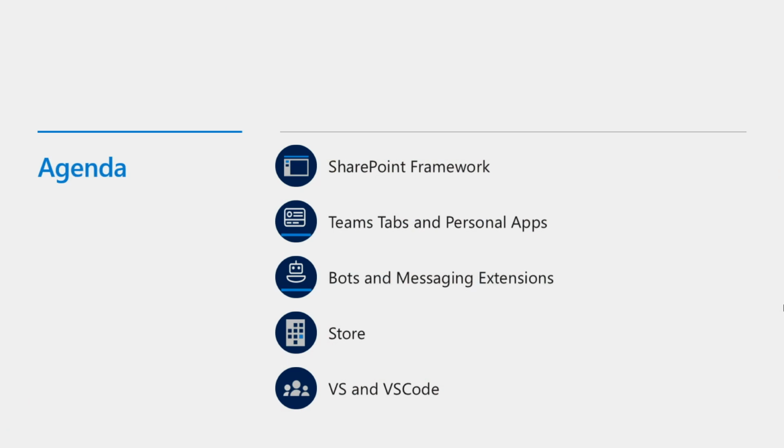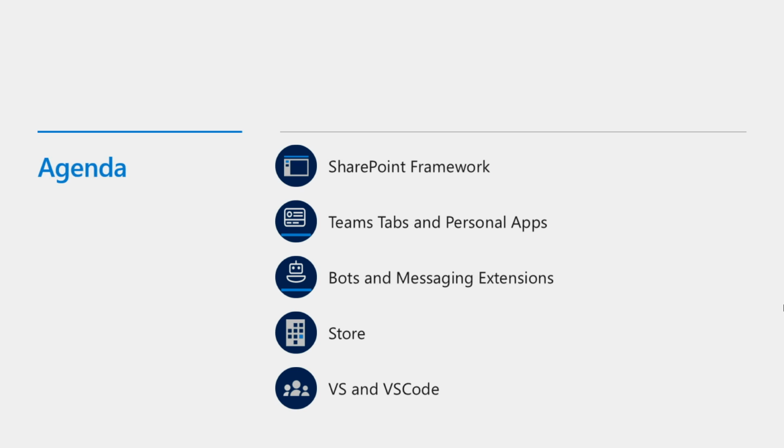So today we are talking about building Teams applications using SharePoint Framework. The agenda for today's session: we'll talk about what SharePoint Framework is and what it does for you as a developer if you want to develop a solution for the Microsoft 365 ecosystem, primarily for SharePoint and Teams. Then we'll talk about Teams tabs and personal apps, which is the basic kind of extensibility you can use SharePoint Framework to build a solution for.